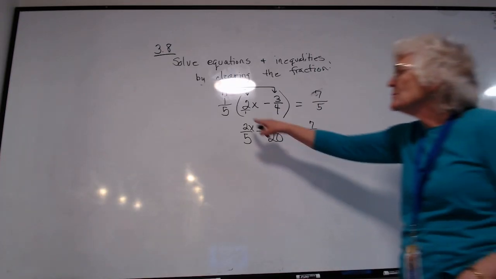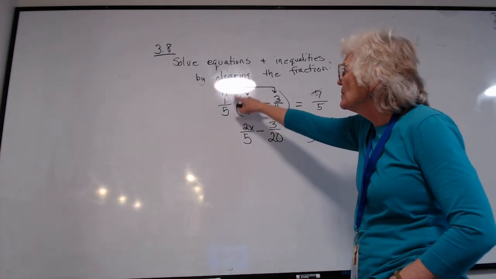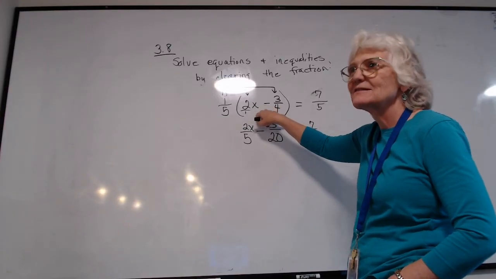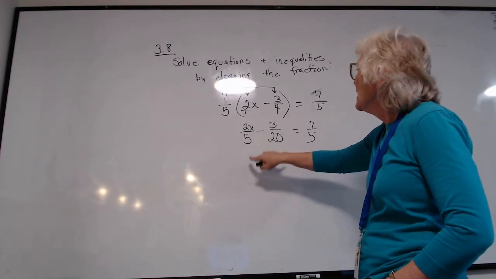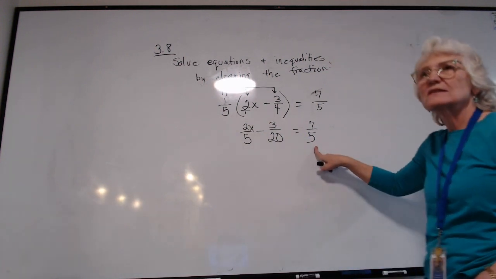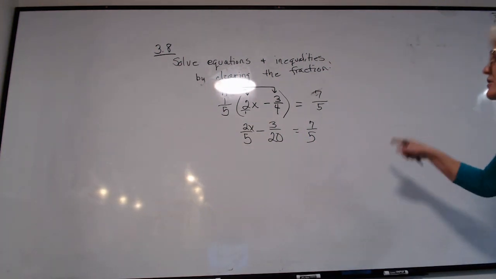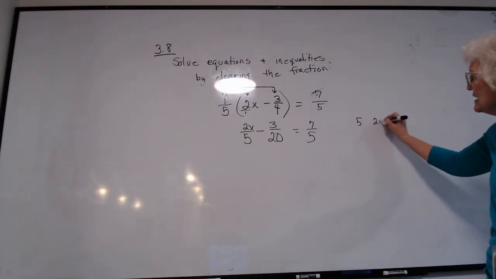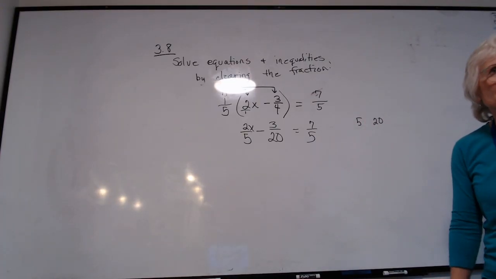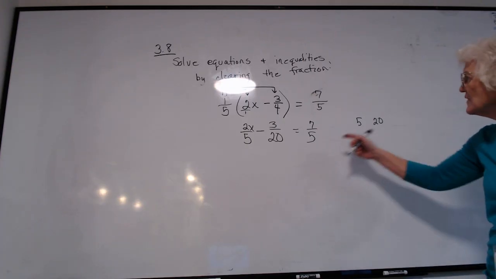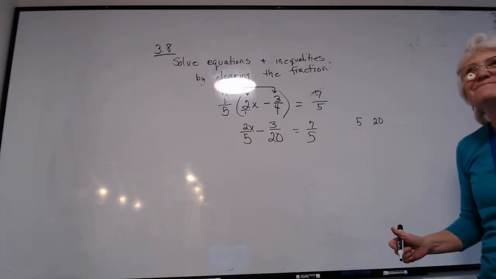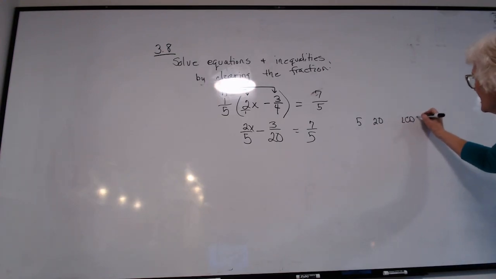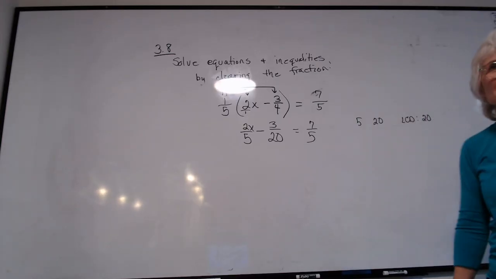Yes, because when this is multiplied by something in parentheses, we only multiply it by what's in the parentheses. Okay? Now, we want to get the least common denominator. What would be our least common denominator? In other words, what do both 5 and 20 divide into equally? Both of them divide into 20. Okay, so the least common denominator is actually 20. Does that make sense?